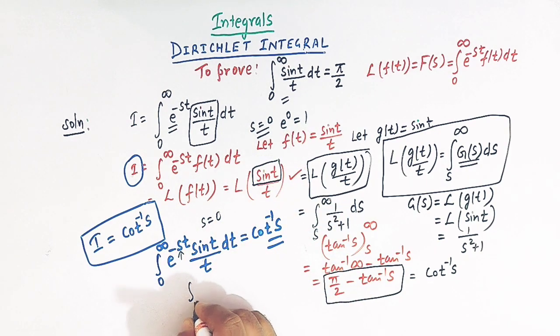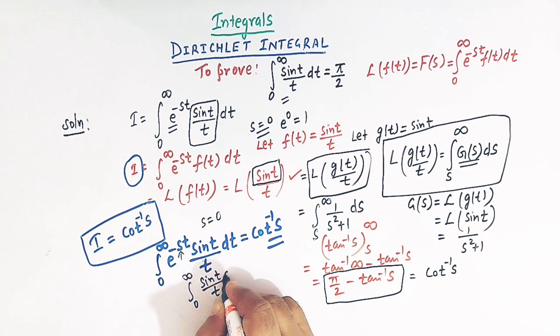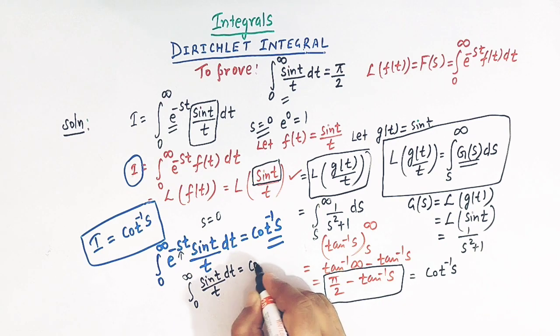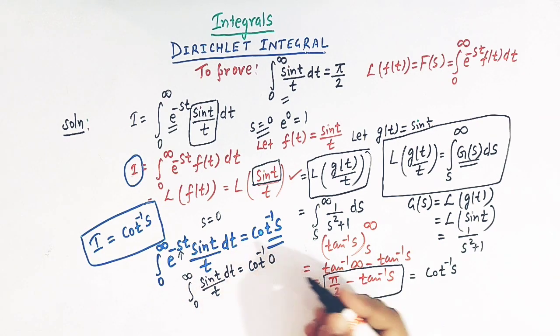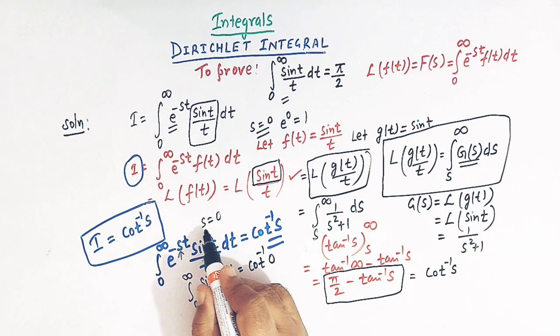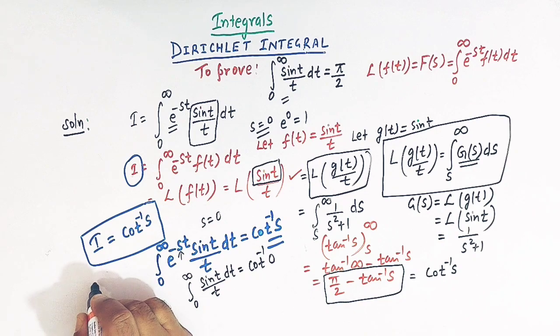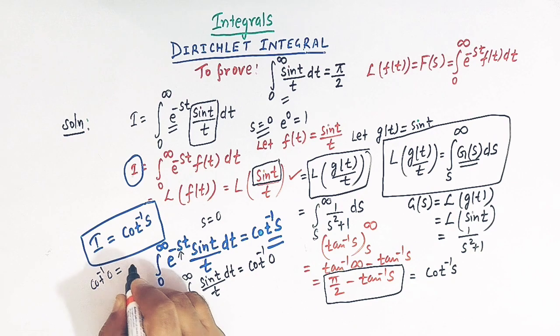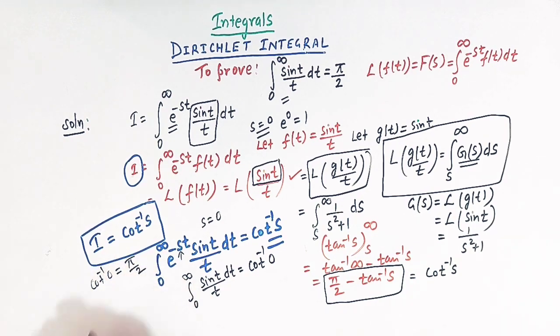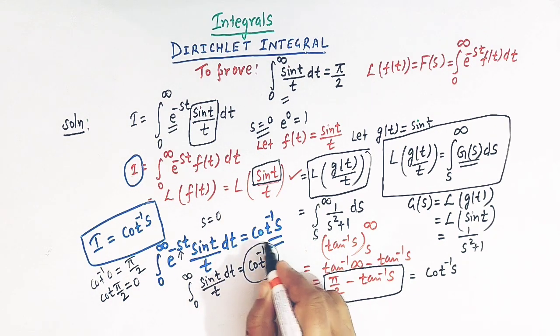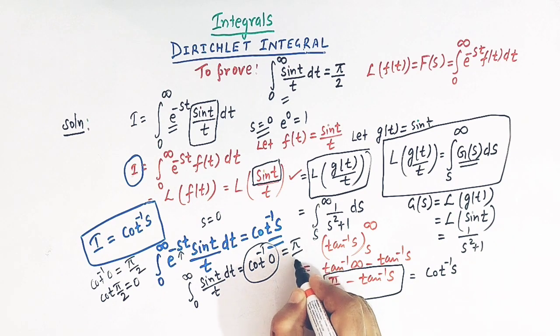So we have now 0 to infinity sine t over t dt is equal to cot inverse of 0, because we are taking s is equal to 0. And from trigonometry, we know that cot inverse 0 is equal to pi by 2, or in other words, cot of pi by 2 is equal to 0. So this quantity is equal to pi by 2, right?